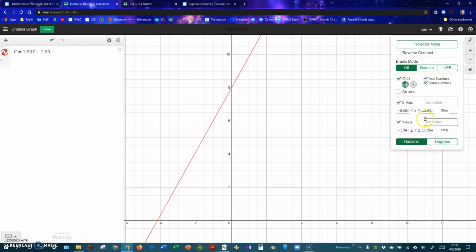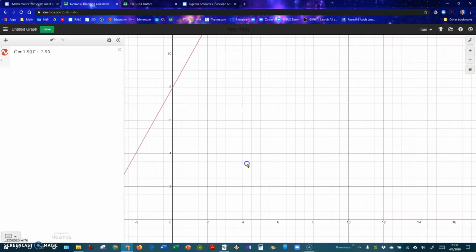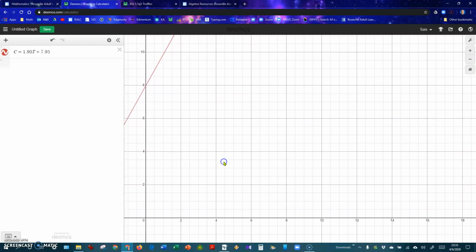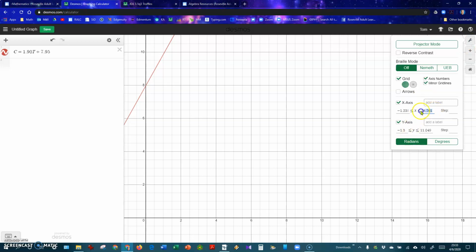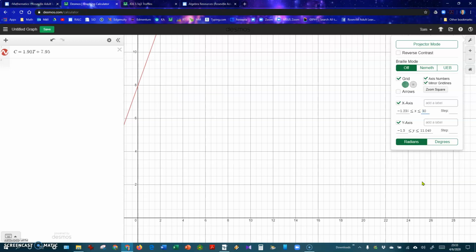We can adjust it and say, okay, I want to start at 0. I need to go to a different scale factor. I don't need to go that far over. I need to go over to, let's say, just 30.